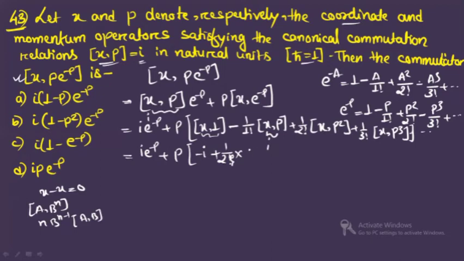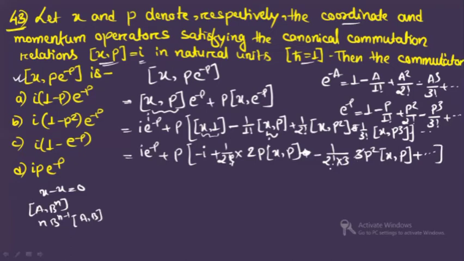So you can write it as 2p, because it is n, p to the power n minus 1 is p, and here you will have x comma p. Again you will have a minus sign. Again you will have 1 by factorial 2 into 3 I'm writing, because here xp cube will give you 3 p square x comma p, plus it will go on.